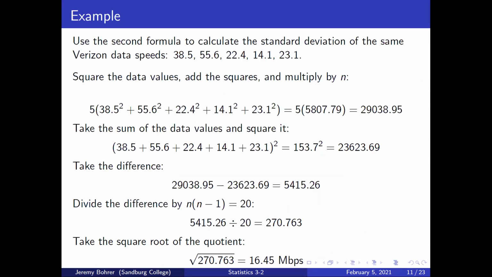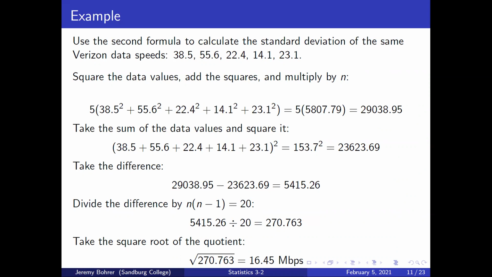Use the second formula to calculate the standard deviation of the same Verizon data speeds. We square the data values, add the squares, and multiply by n. That gives us 29,038.95. We take the sum of the data values and square that. That gives us 23,623.69.